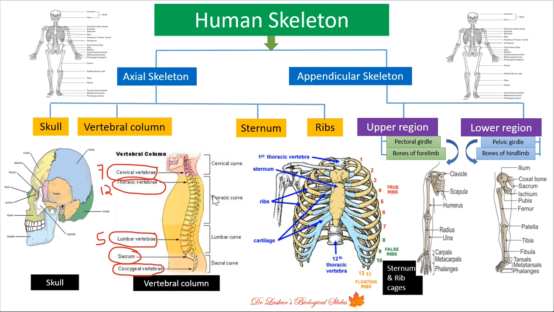The vertebral column protects the spinal cord, supports the head and serves as the point of attachment for the ribs and musculature of the back. The first cervical vertebra is called the atlas and the second cervical vertebra is called the axis.